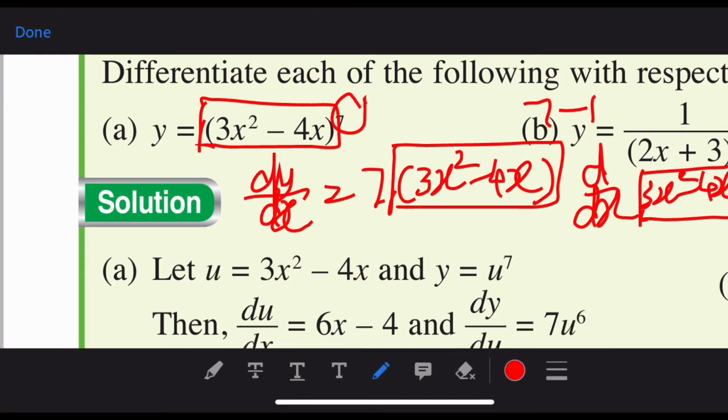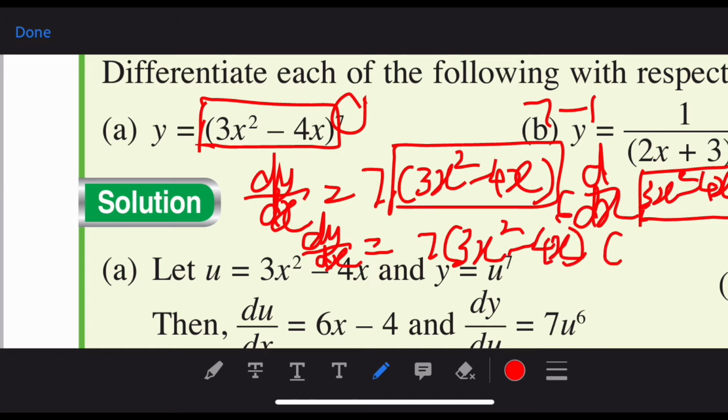So you do like this. dy/dx is equal to 7 times (3x squared minus 4x) to the power 6, then you differentiate inside: 2 times 3 is 6x minus 4. That's how you do it, so you don't forget this last step.